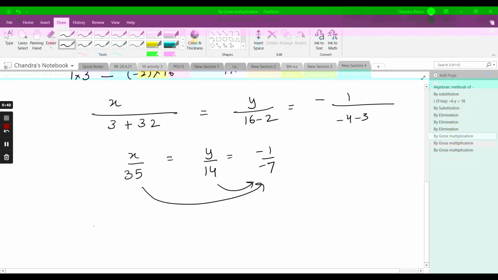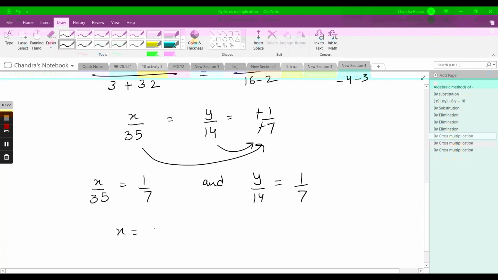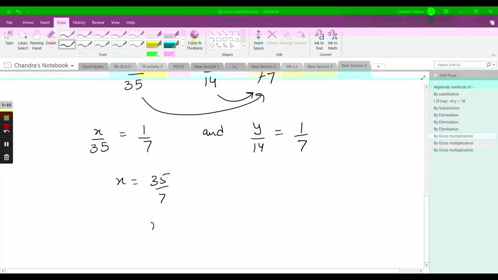So let me equate the first two. x upon 35 is equal to, I can take it as 1 by 7 also. And the second, y upon 14 is equal to 1 by 7. So x is equal to 35 upon 7. So x is 5 and y is equal to 14 upon 7. So y is equal to 2. So these are my two solutions.